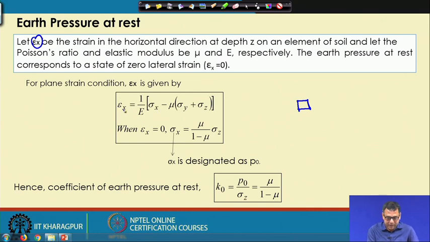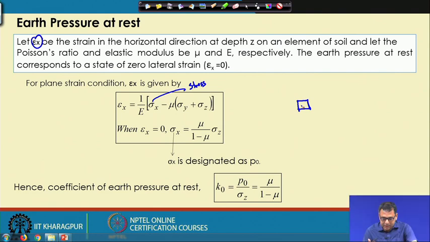This epsilon x is the strain expression and sigma are the stresses. This is a retaining wall problem, or earth pressure theory, which is a plane strain problem. That is why we are taking x, y, z, the three stress components sigma x, sigma y and sigma z.